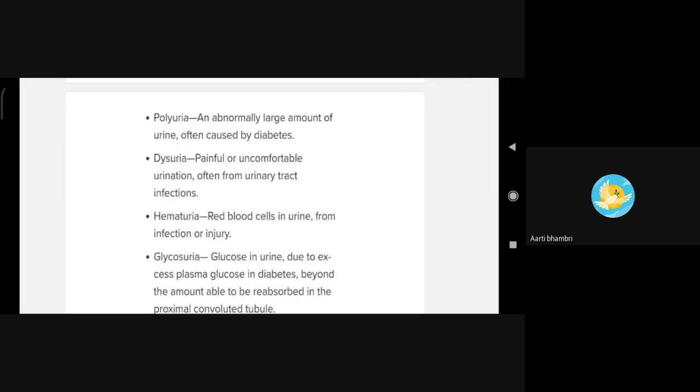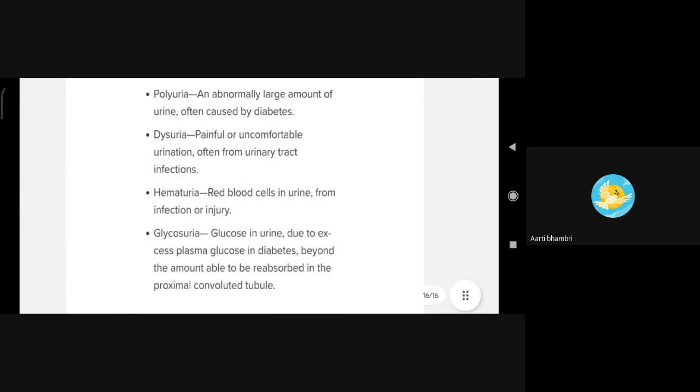Glycosuria, glucose in urine due to excess plasma glucose, generally in diabetes, beyond the level that can be reabsorbed in the proximal convoluted tubule. We all discussed the proximal convoluted tubule, loop of Henle, and distal convoluted tubule yesterday.